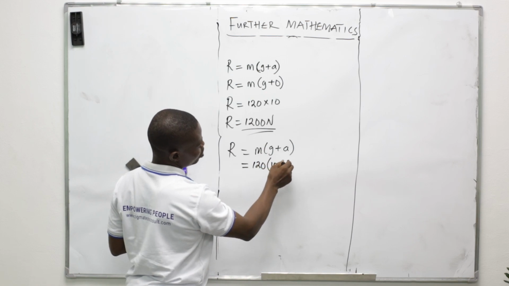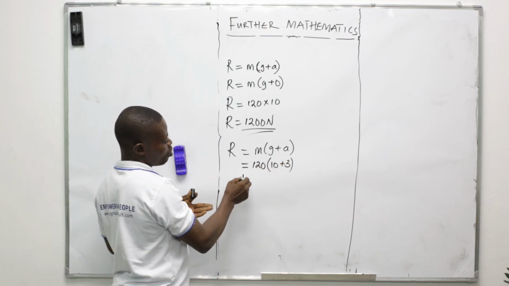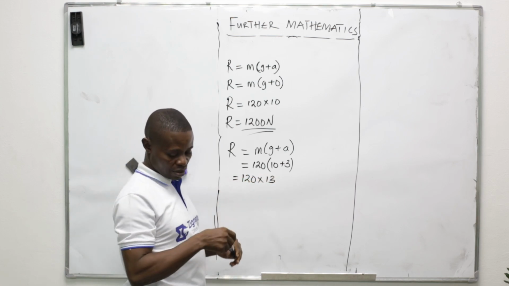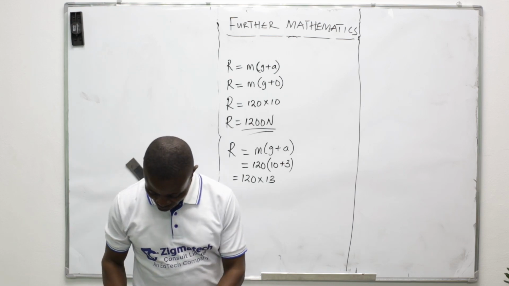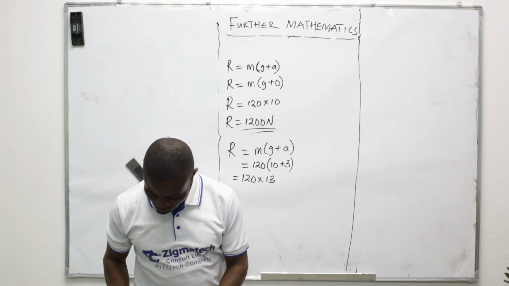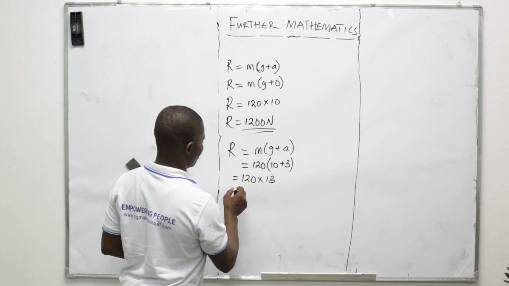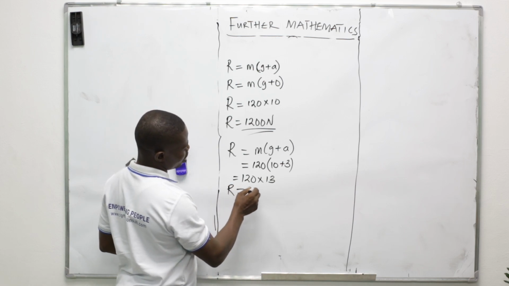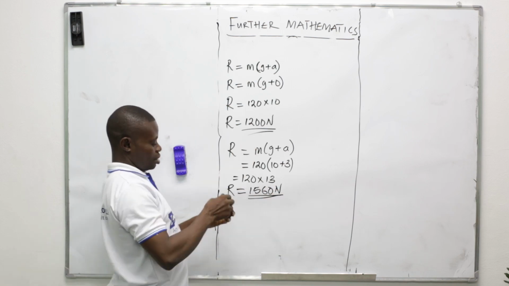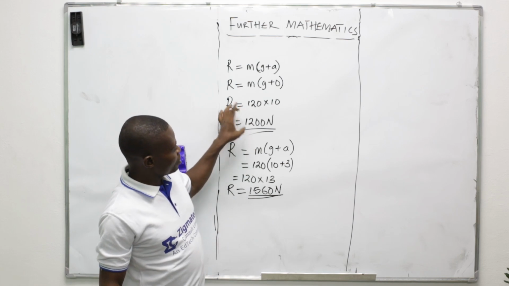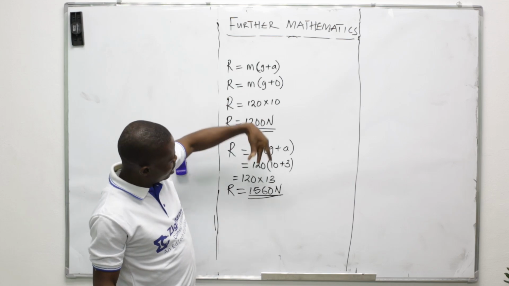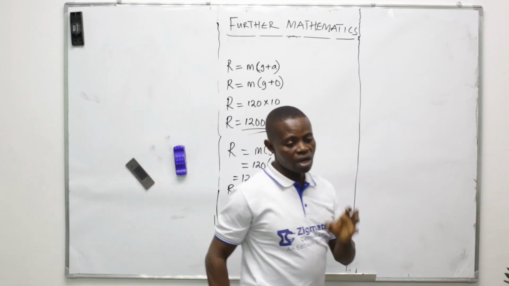G is 10 plus who? 3, the acceleration. Meaning 120 multiplied by who? 13. Should be able to give us 120 times 13. The reaction equals 1,560 Newton. There's a difference between the first reaction when this body was moving up and when a value was assigned to acceleration.